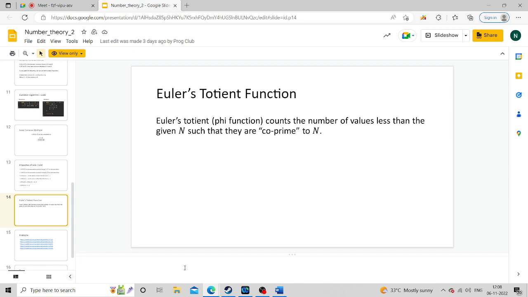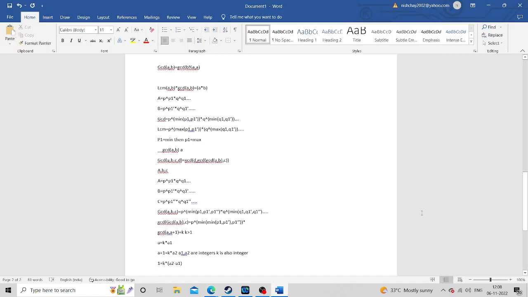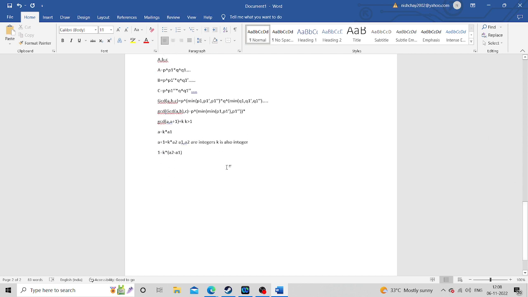So the formula for that is, if you want to find the Euler's totient function, one very brute force method would be to iterate for all numbers from 1 to n and find the GCD of each number with n. So for i from 1 to n, find GCD of i comma n.